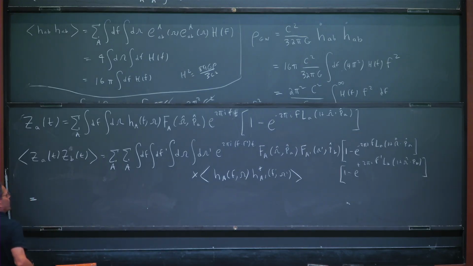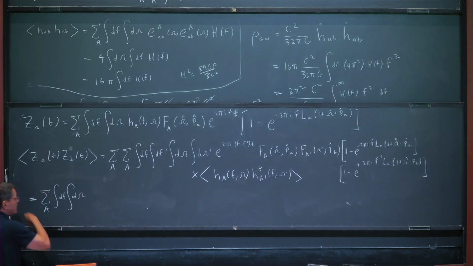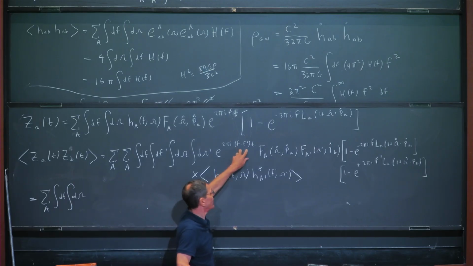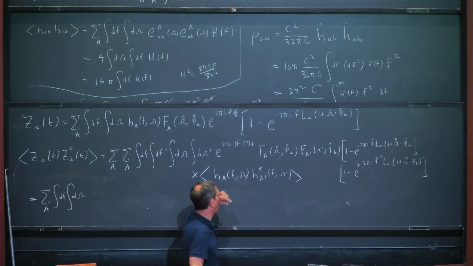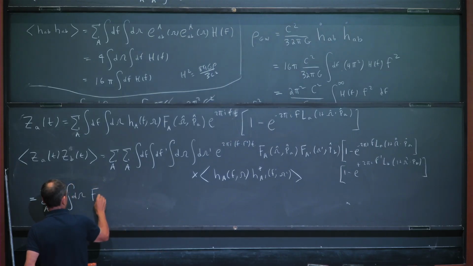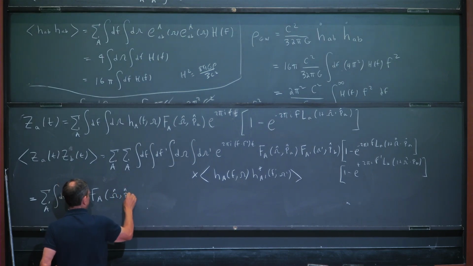I think I'll be able to write it on one line now. We're going to get a sum over A, an integral df, and an integral d omega. Since f is equal to f prime, t disappears. So we're going to get an FA of omega hat, p hat a.